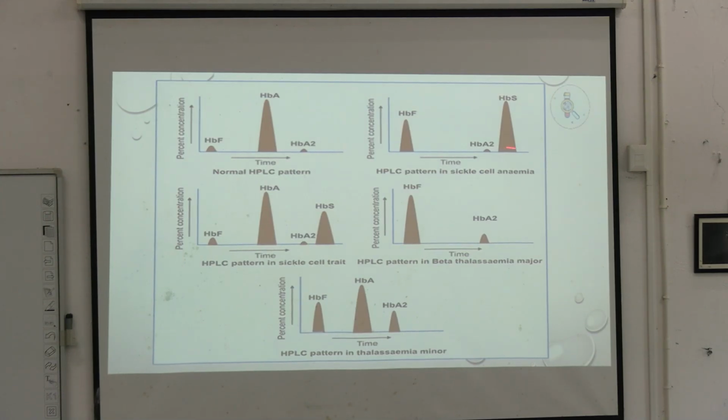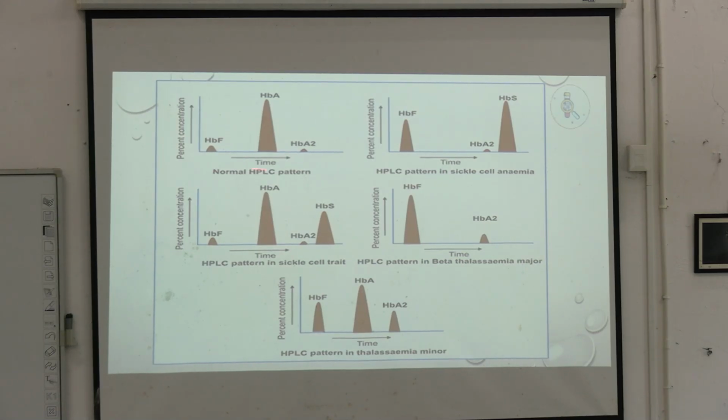But in case of sickle cell anemia, you will see that the HbS curve is predominant along with your fetal hemoglobin. Fetal hemoglobin in normal adults should be less than 0.8%. But in this case we are seeing it is more.